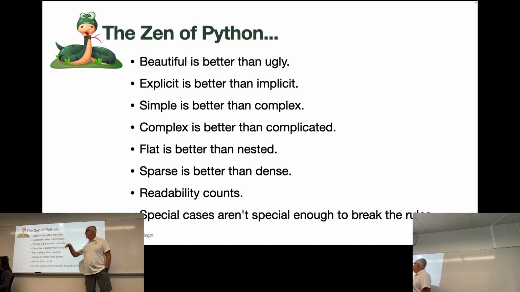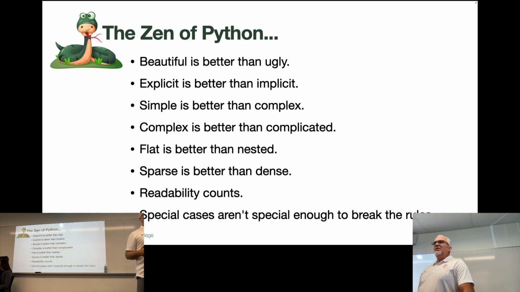Saying things like explicit is better than implicit. What that means is saying things is better than assuming things. I'm sure you've heard the saying that when you assume, you make an ass out of you and me. It's sort of the same thing with code. You want to write your code as if you're writing it for somebody else, as if somebody else is going to read it. Because even if another person doesn't read it, somebody else might, like you next week, after you've walked away from your code for a few days and completely forgotten what you were doing.